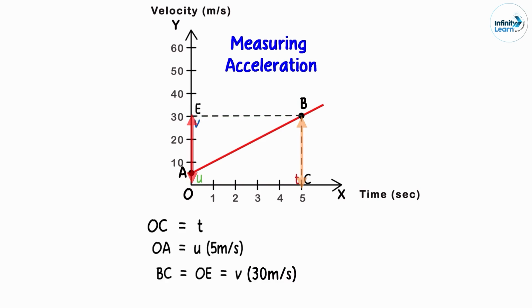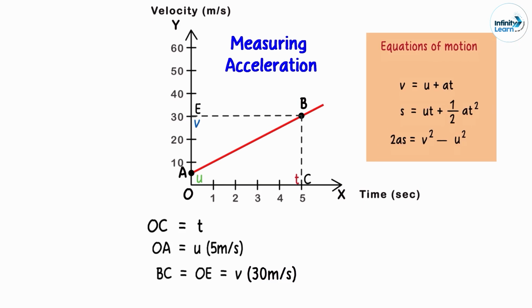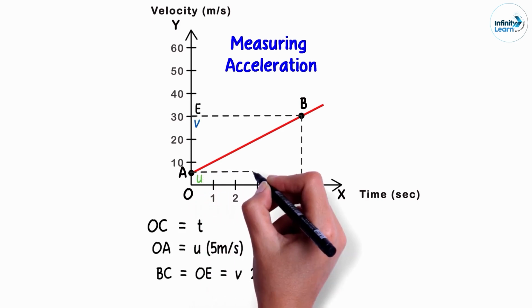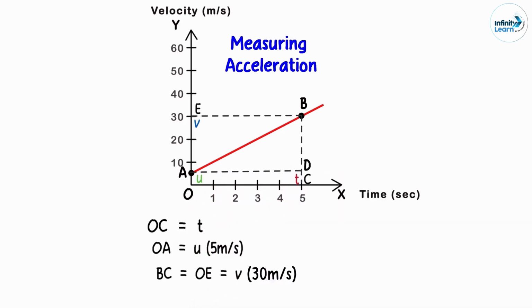Both the lengths will be the same as these two lines are parallel to each other. I know it's getting a bit mathematical, but the point here is to prove the first equation of motion we've seen. Just one last piece of construction where we draw a perpendicular line from A towards BC and call this point D. Yes, we are ready.